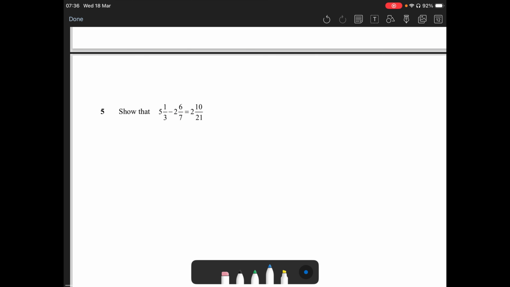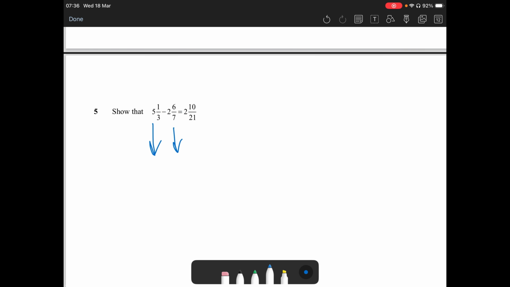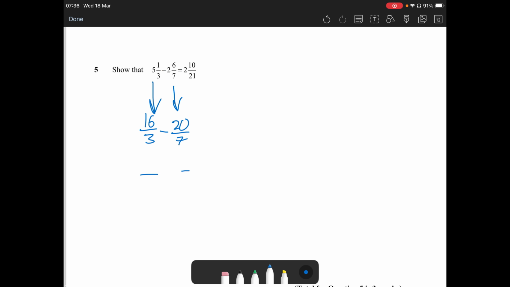Right, show that. So write these two numbers as improper fractions first. So this one will be 16 thirds. This one will be 20 sevenths. Common denominator here is going to be 21. So times the left side by 7. So 16 times 7. 6 sevens are 42. Carry the 4. 112. And this times 3.